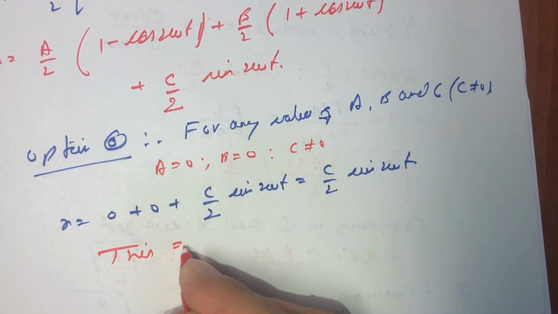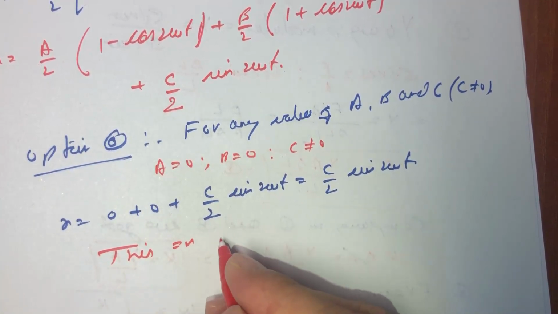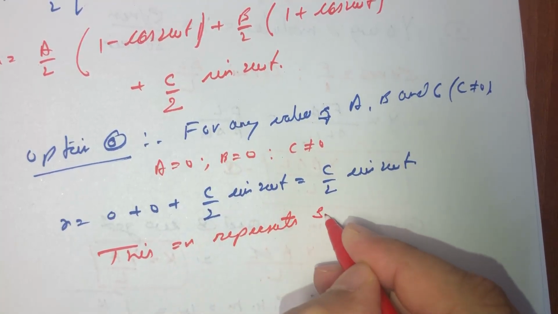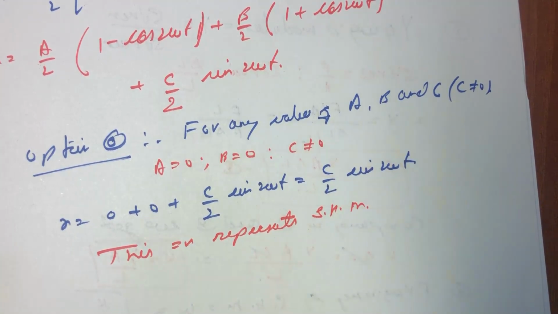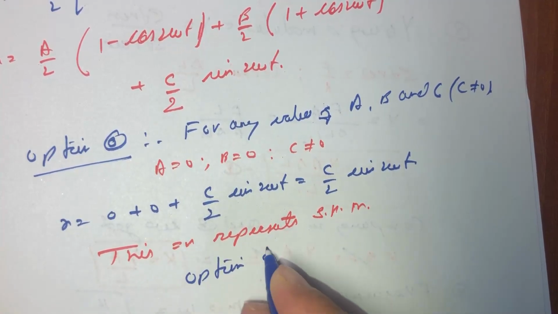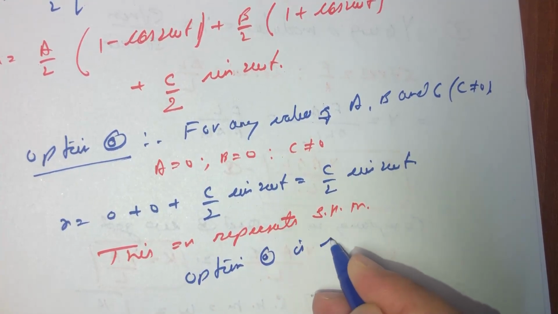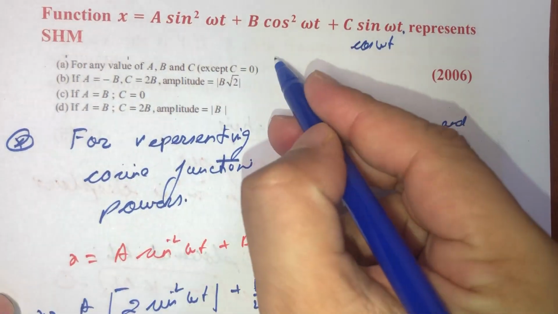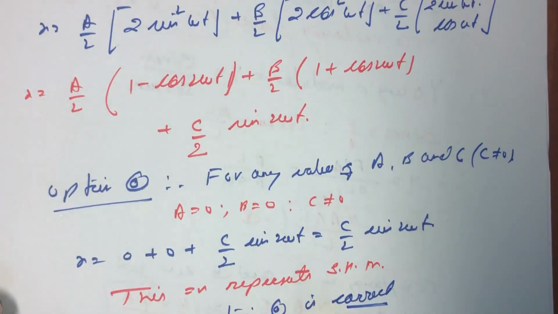This equation represents SHM. So it means option A is true. Option A is correct. So this we have as a correct option.